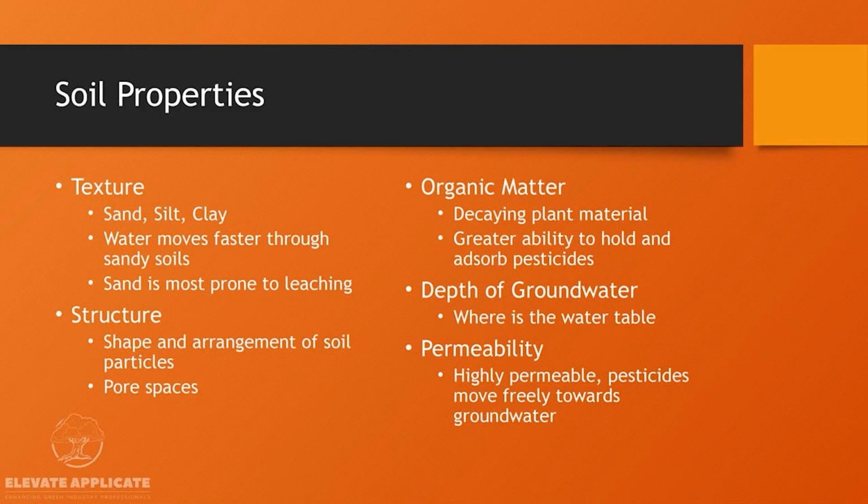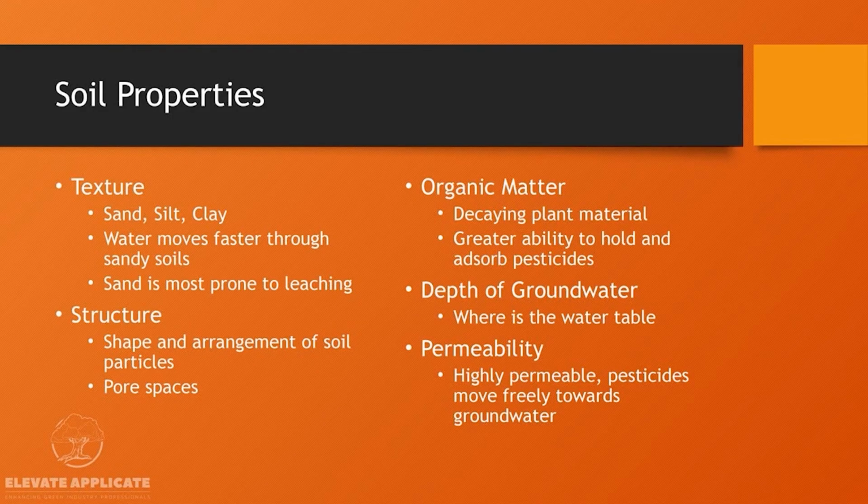The structure of the soil is the shape and arrangement of soil particles and the pore spaces within the soil. Is it heavily compacted? What are the layers looking like? And then we have organic matter, which would be considered the loam aspect of it.